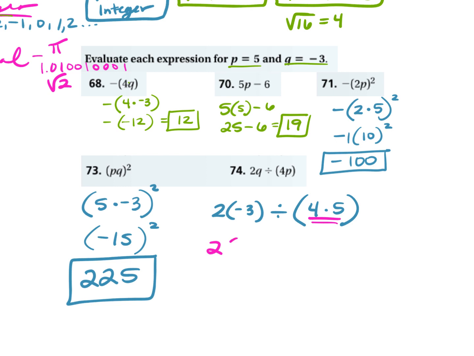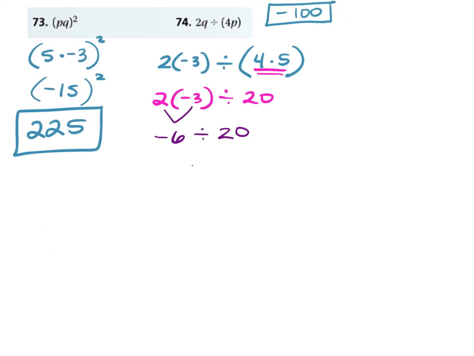So it's 2 times -3 divided by 20. What do you do next? Now you can do the 2 times -3. So -6 divided by 20. Maybe a nicer way to write that is -6 over 20, which would be a -3/5.